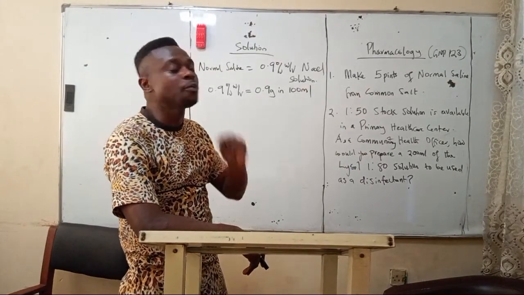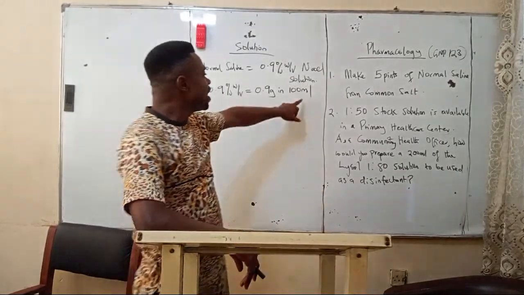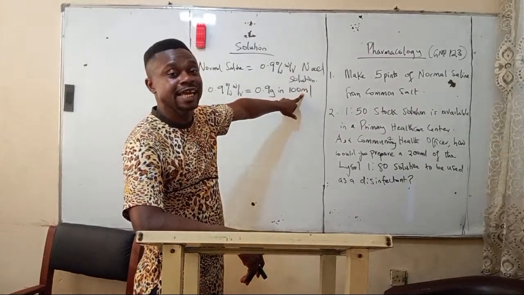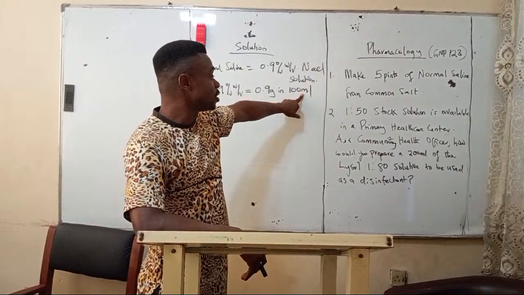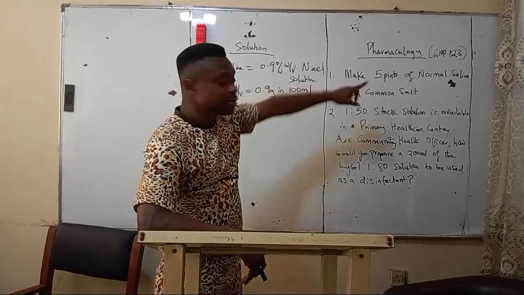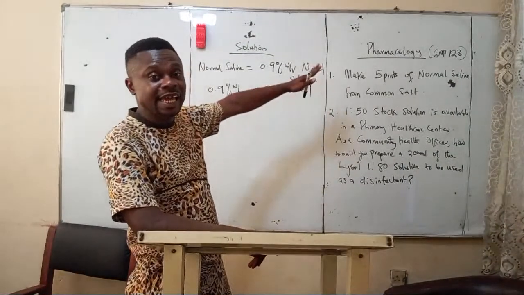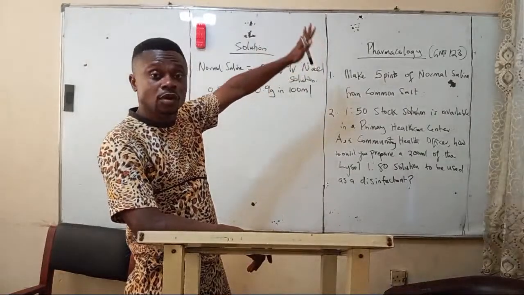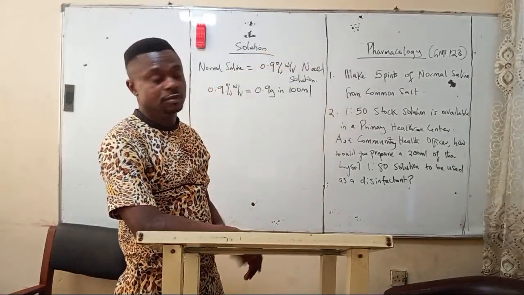But we are told to prepare 5 pints. Ml is a measure of volume, which is a metric or SI unit. But pint is in the old common measure, avoirdupois.